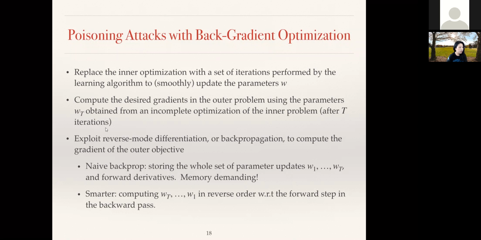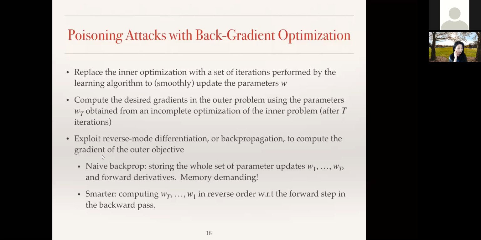After that, a naive thing that people can think of is to exploit reverse mode differentiation, so-called backpropagation, to compute the gradient of the outer objective.